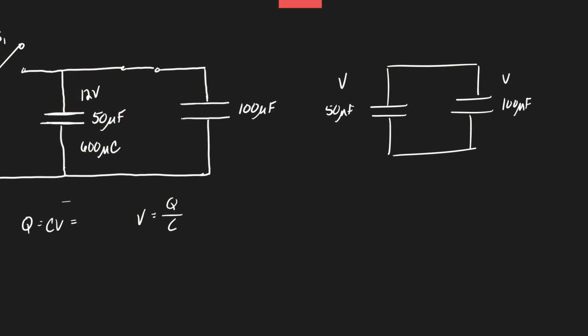So whatever amount of charge we have on the 50 microfarad capacitor is all the charges we have to work with. Right, that's Kirchhoff's second law. So the charge on this capacitor and the charge on this capacitor would have to sum to equal 600, because there's a finite amount of charge. Now I've told you things. You should be able to use those things to figure out your answer.